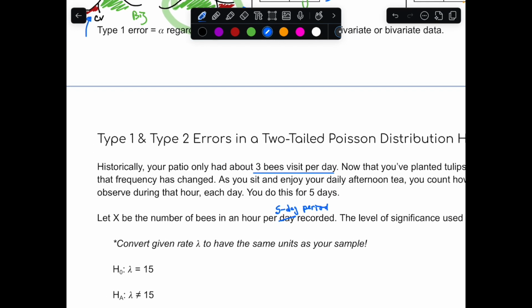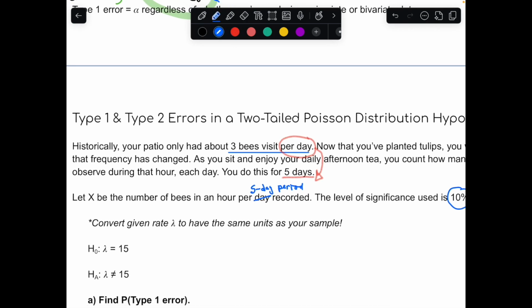Now, I want to point out here that for Poisson distributions, you need to take a look at your lambda units. So this is 3 bees per day, but your sample is over 5 days. And you always want to convert your given lambda units to match your sample. And so what we're going to do here is take 3 bees per day and multiply that by 5 days in a 5-day period.